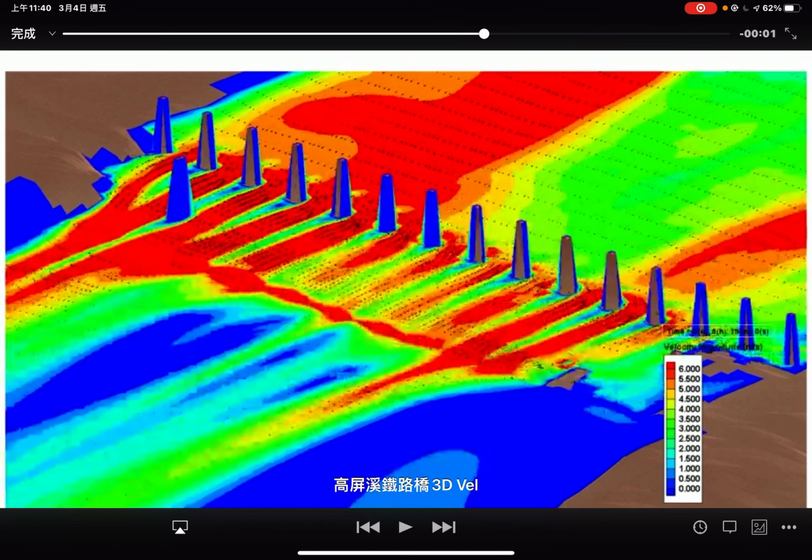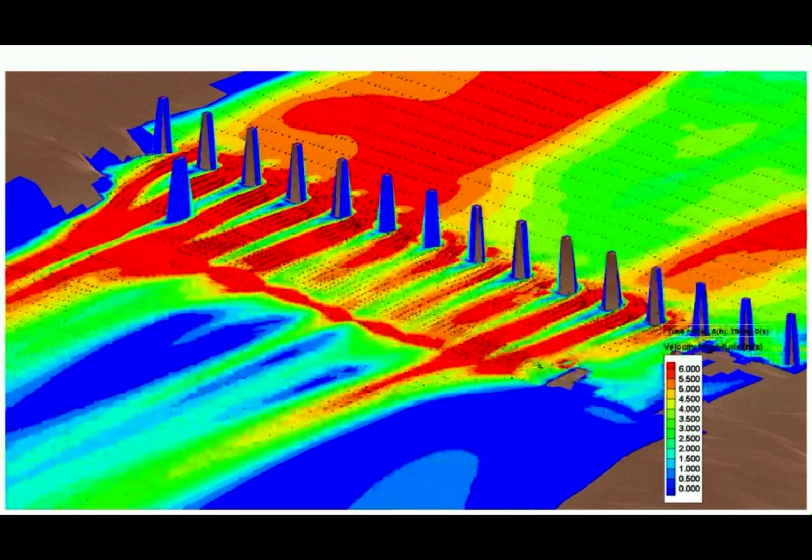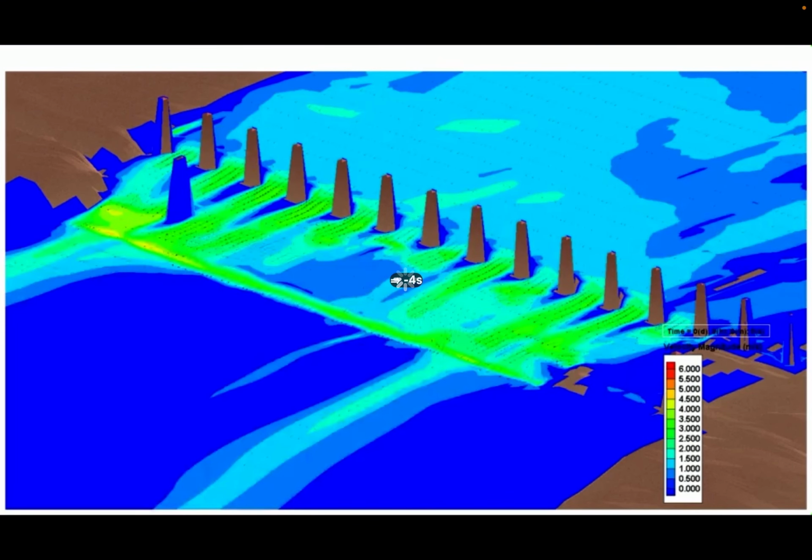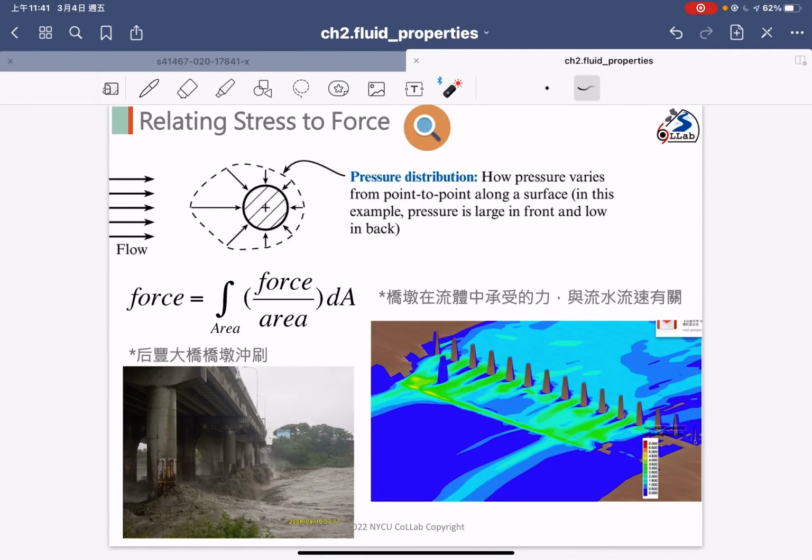As you see in the movie, the red color showing here, and the color bar is the flow velocity. So if you conduct the numerical simulation, you can understand the flow velocity distribution around your bridge. Okay, I just showed the video here. My purpose is that usually we can compute that different areas have different stress, and then finally we do the integration to sum all the force for our problems.